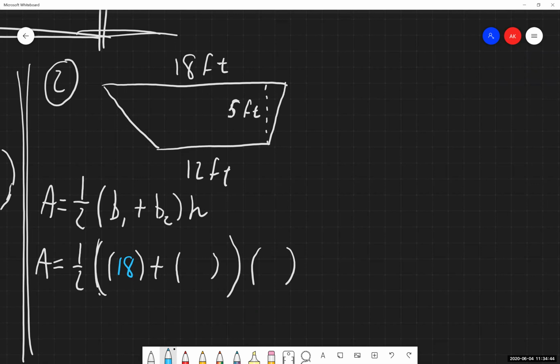So we are arbitrarily choosing 18 feet to be our first base and 12 feet to be our second base. We know both of these are base values, but again, which one you assign as base 1 or base 2 is kind of indifferent, as long as you have correctly identified that they are indeed both base values. And the height, that distance between the two parallel sides, so that's going to be 5 feet.